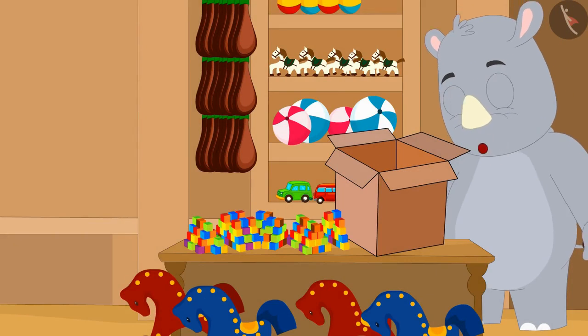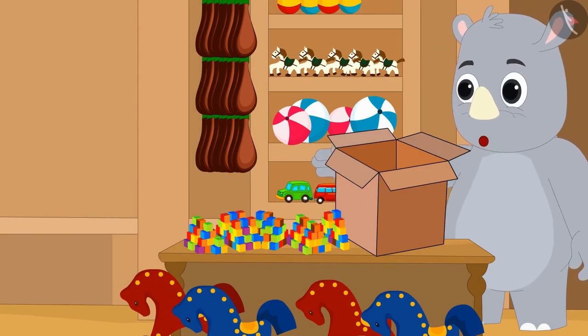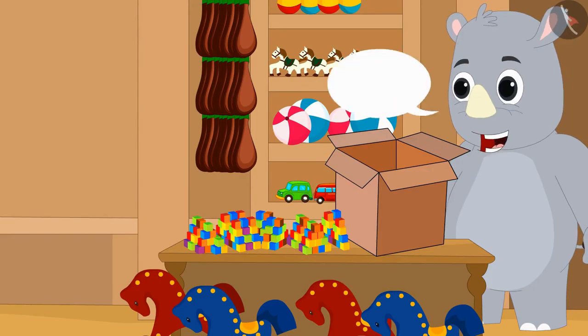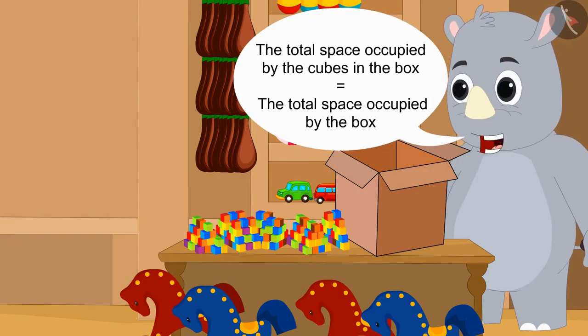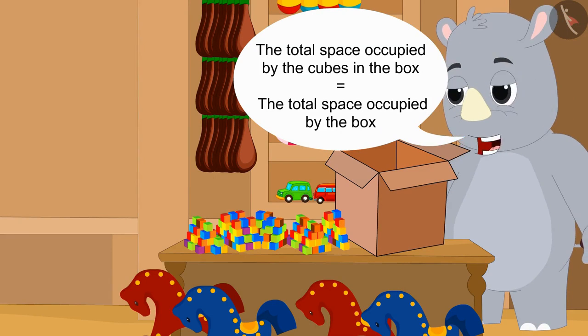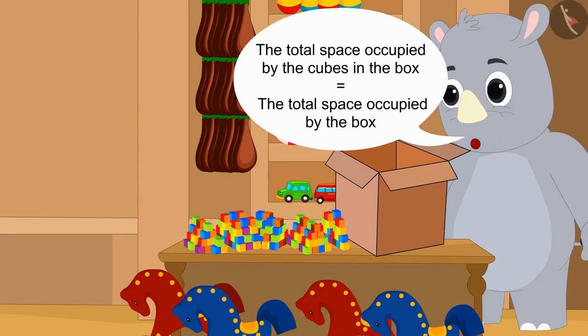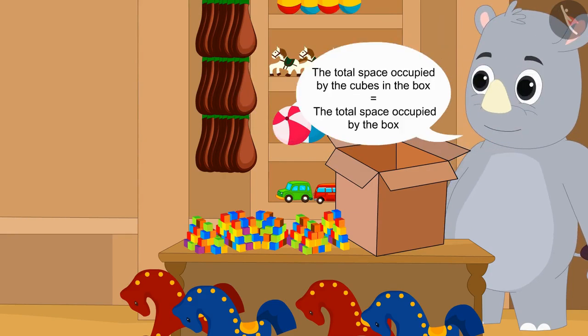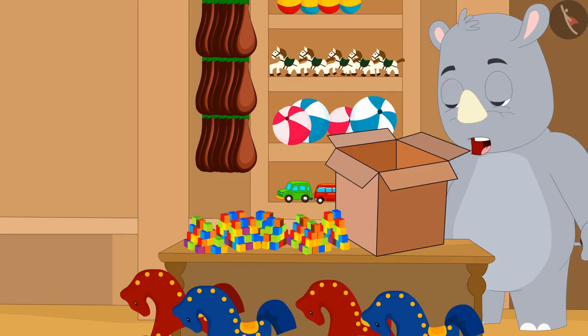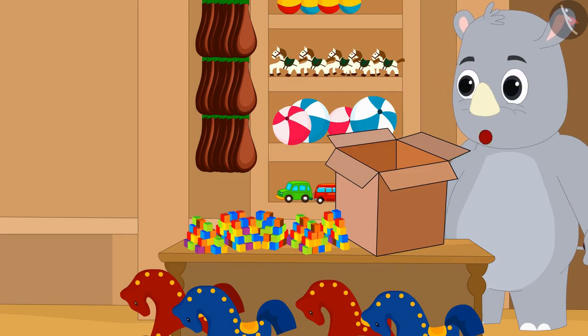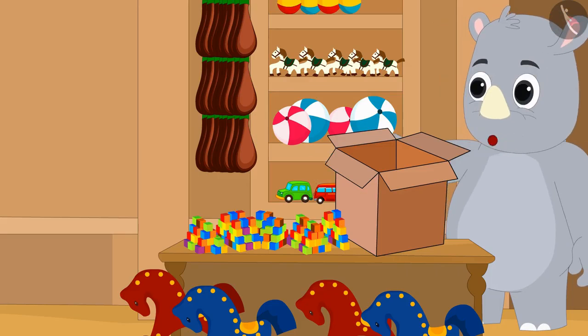Because the thickness of the cardboard is negligible, the total space occupied by the cubes in the box will be equal to the total space occupied by the box. But the total space occupied by any object is its volume.